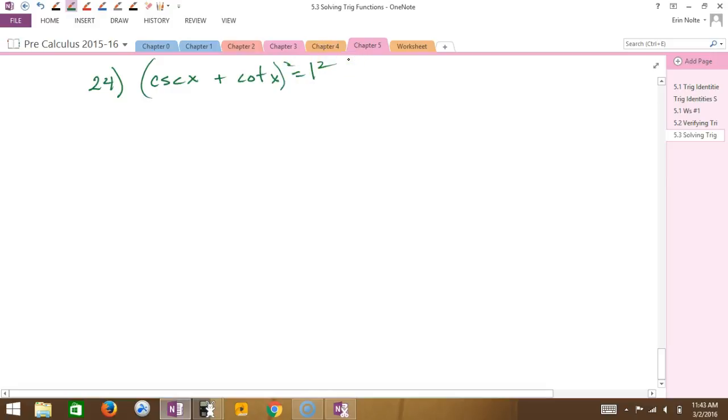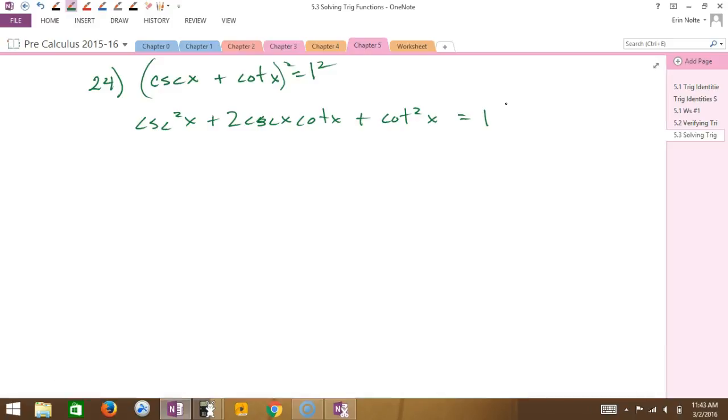So you get cosecant squared plus 2 cosecant cotangent plus cotangent squared. So what's a Pythagorean identity there? Cotangent plus 1.